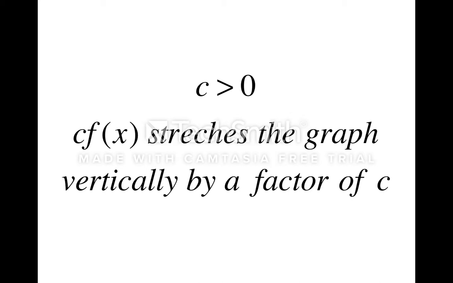To summarize, if we multiply by a positive constant, the graph will be stretched vertically by a factor of c. The bigger the constant c, the bigger the stretch, the closer the graph becomes to the y-axis.